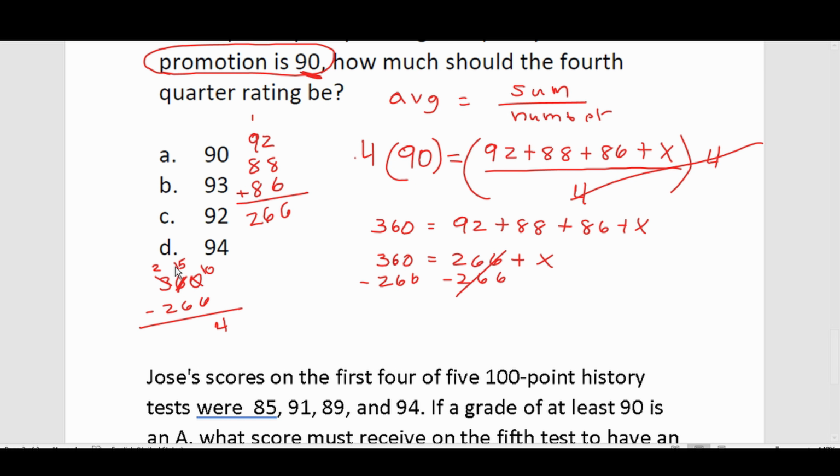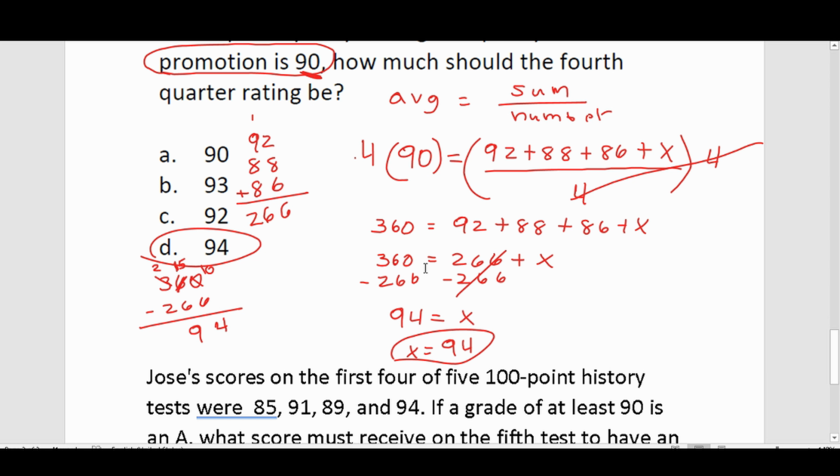That becomes 2. This becomes 15. 15 minus 6 is 9. 2 minus 2 is 0. So we can see that 360 minus 266 is 94, and we're just left with x. So x, if we want to rewrite it, is equal to 94, which is right here.